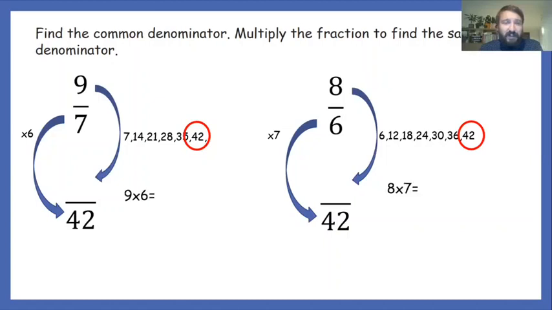Okay, 9 times 6 is 54, fantastic. Okay, and 8 times 7, and this will tell us whether this is a bigger or smaller fraction, and here we go, it's 56. So our 9 over 7 and our 8 over 6 improper fractions, our equivalent fractions are 54 over 42 and 56 over 42.